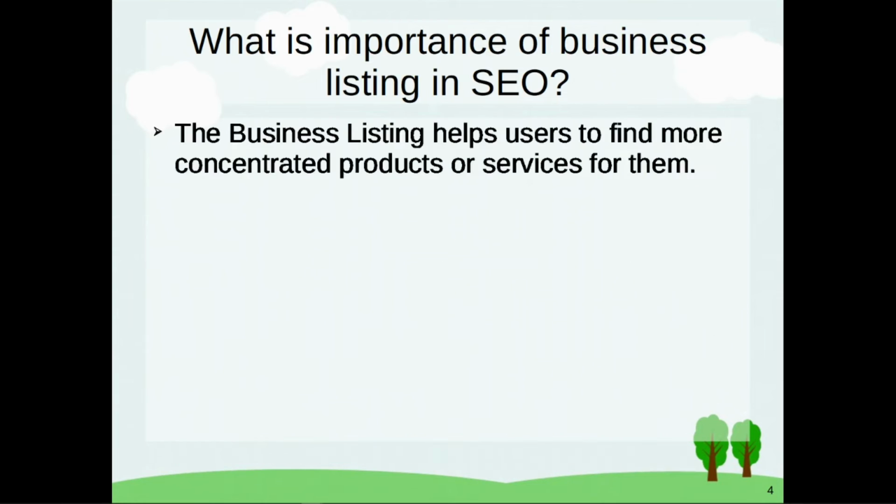Next, what is the importance of business listing in SEO? In search engine optimization, business listing helps users find more concentrated products or services. As we have discussed, it is a clear means of doing business online, especially in the digital marketing space.